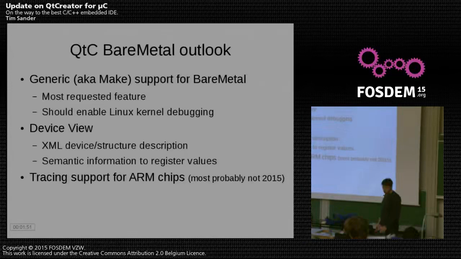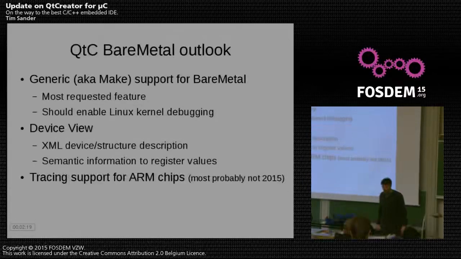One thing that would also be really neat to have is a device view. There's a plugin for Eclipse which has a structured device view. You give it an XML file which describes your memory and the registers, for example, some hardware register definitions. You say, for example, at this position there's a GPIO port, and then you can just click on it and change the values of the GPIO port with the mouse.